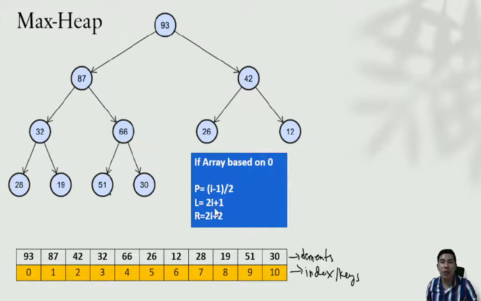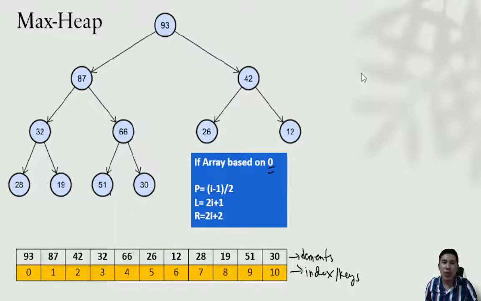For finding the left child, you will use 2I + 1, where I is the index, and for the right child, you will need to use the formula 2I + 2, if again you are using an array based on 0. So let's try.